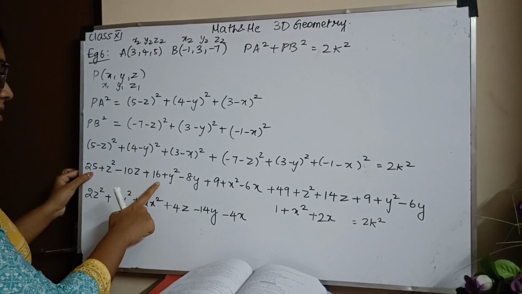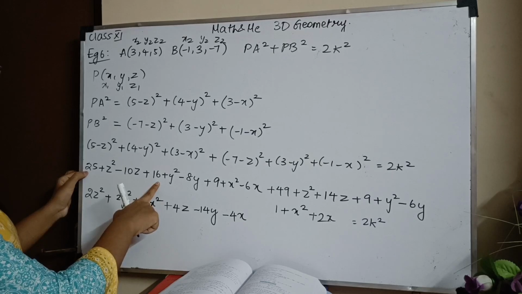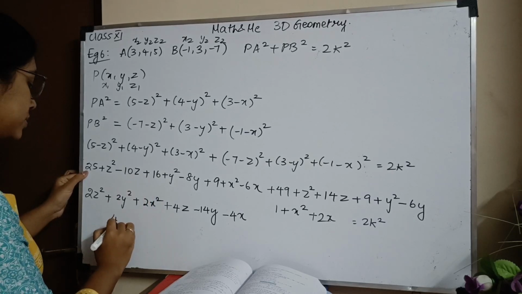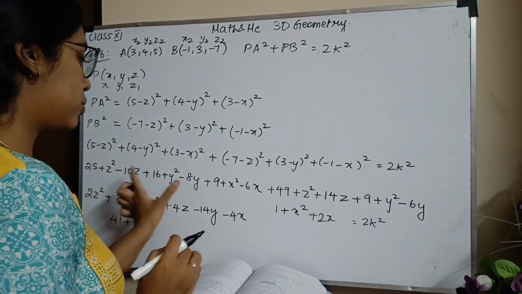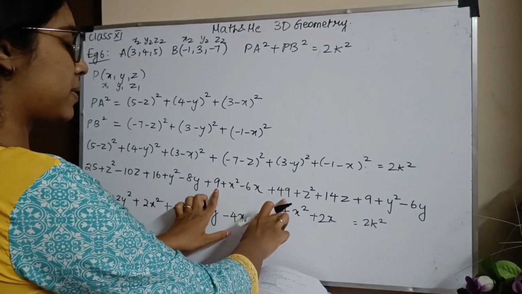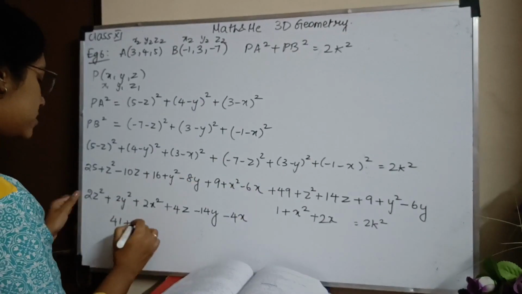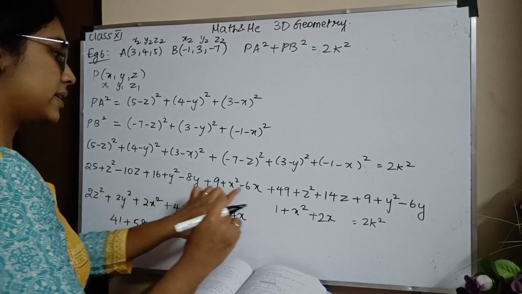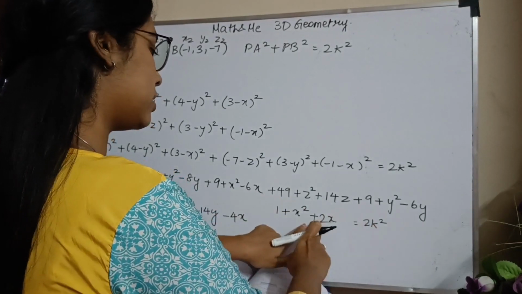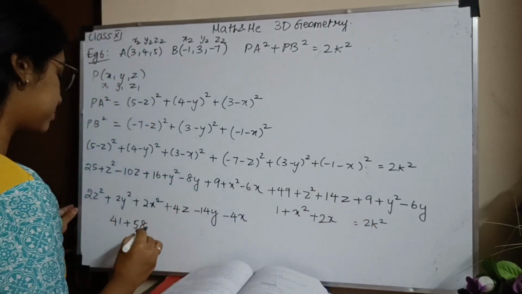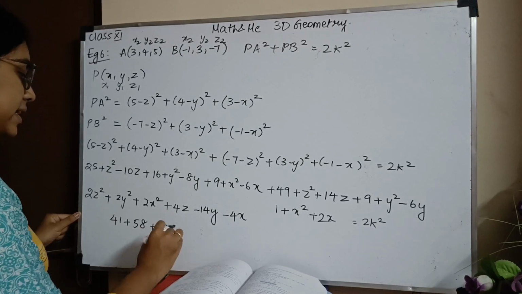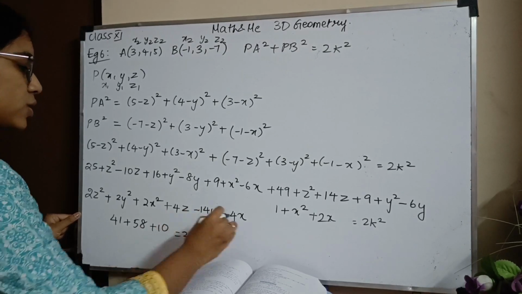25 plus 16, which will be 41. Then what do I have here? 9 plus 49, which will be 58. Then I have 9 plus 1, which is 10. Okay, equals 2K square.